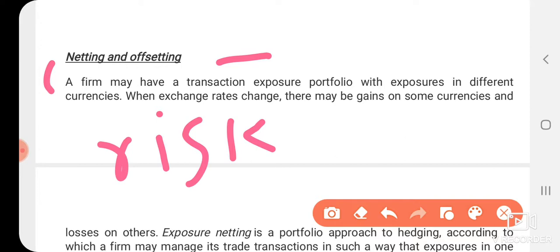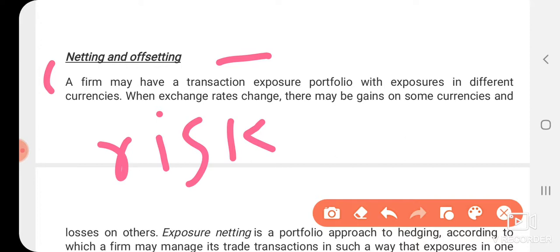The United States is a developed country and India is a developing country. In such situations, the developed country's currency value will be very high when compared to developing countries.